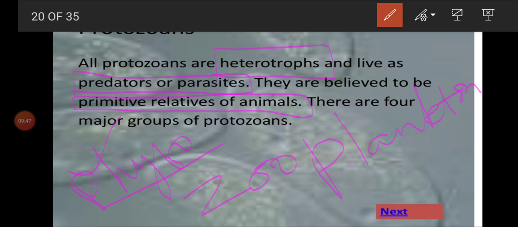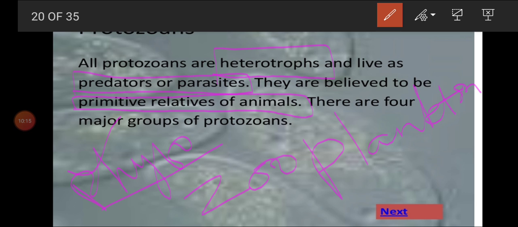Suppose in a competitive exam they ask what are the examples for phytoplanktons, we can tell algae like the diatom group, and also dinoflagellates, and all come under phytoplanktons. Suppose they ask what is zooplankton? Zoo means animal: zoo, zoology, zoological park. Zoo means animal, and planktons means animalcules.